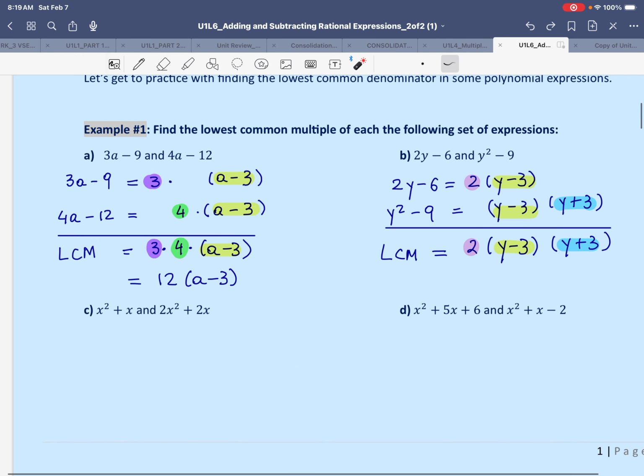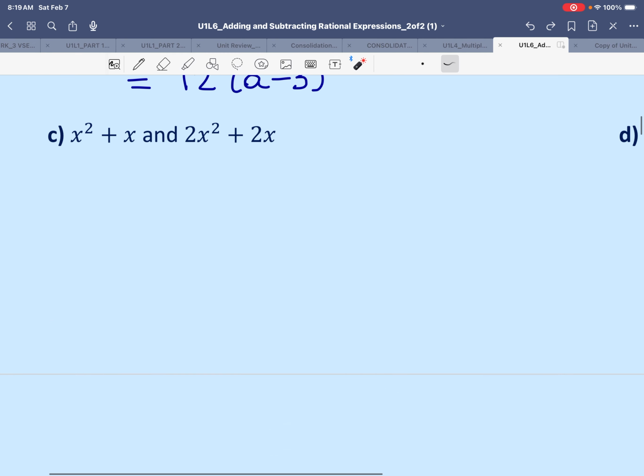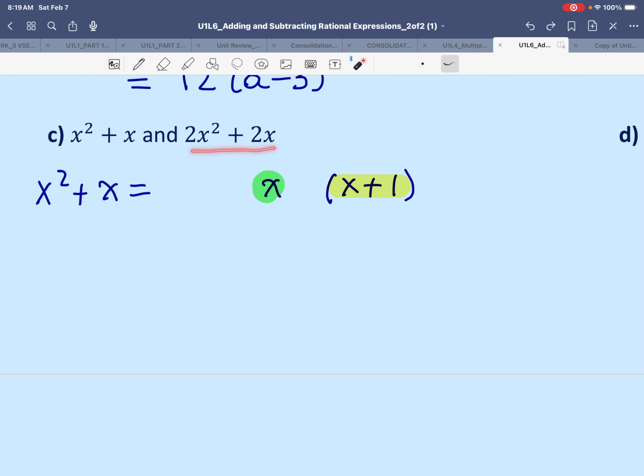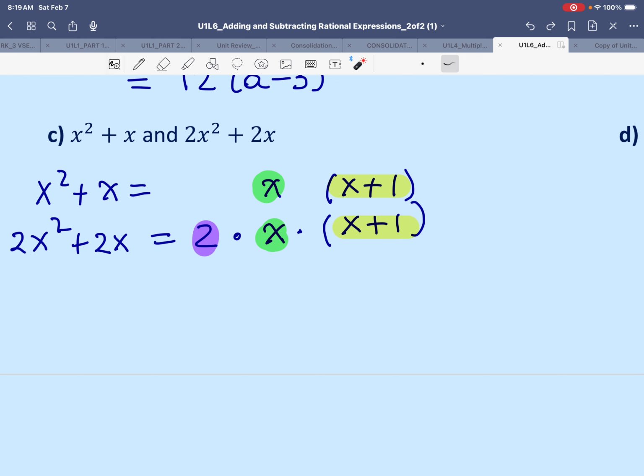Let's do one more example. This time we have x squared plus x and 2x squared plus 2x. So we're going to start with x squared plus x. We'll write it in completely factored form, which is x times x plus 1. Now, 2x squared plus 2x, on the other hand, would be factored into 2 times x times x plus 1.